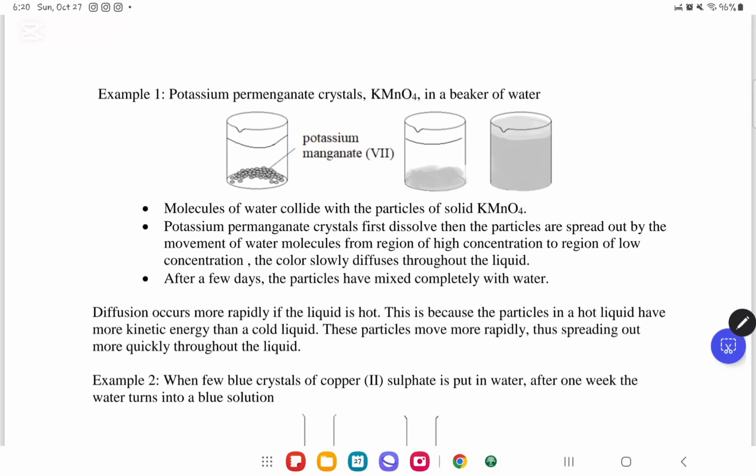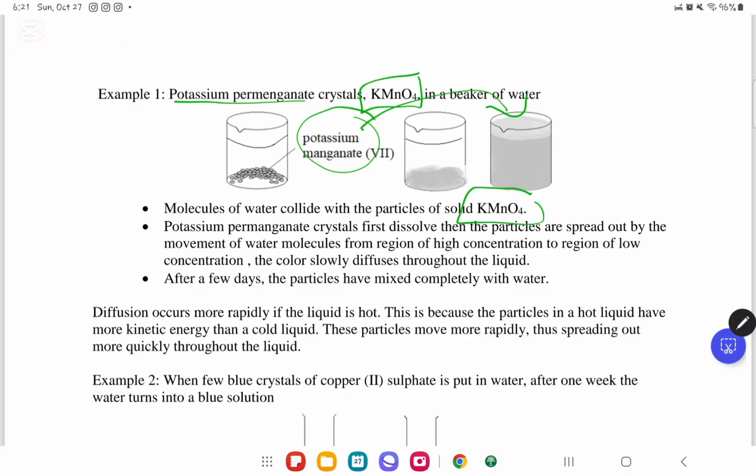What they did was they added potassium permanganate crystals, so KMnO4, in a beaker of water. Now what happened is that the water molecules collided with the particles of the potassium permanganate.